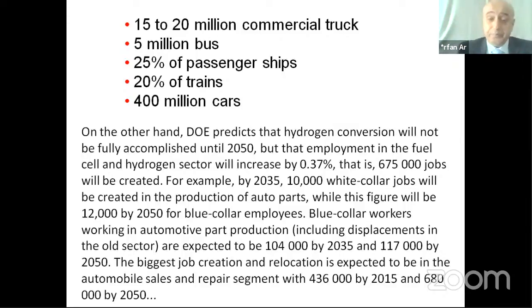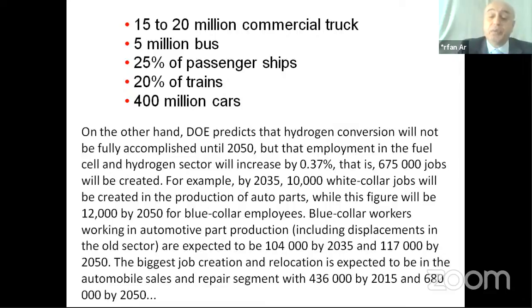On the other hand, the Department of Energy predicts that hydrogen conversion will not be fully accomplished until 2050, but that employment in the fuel cell and hydrogen sector will increase by 0.37%. That is 675,000 jobs that will be created.